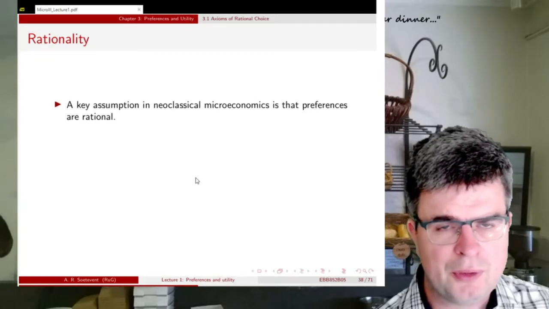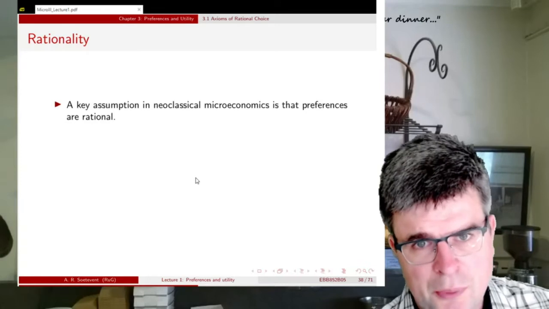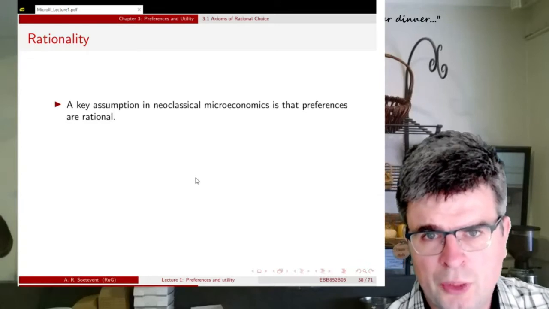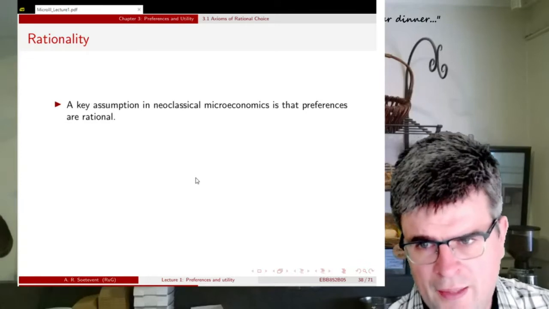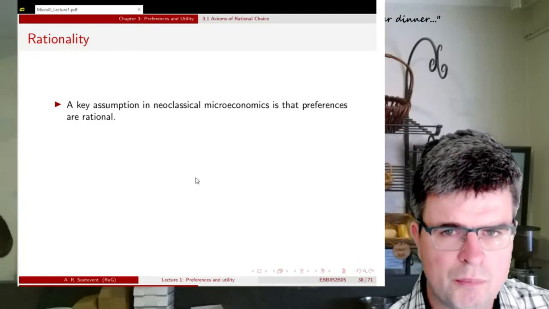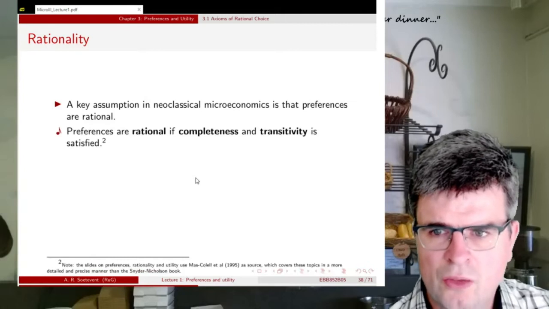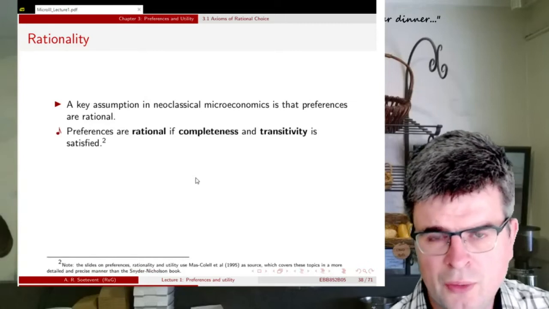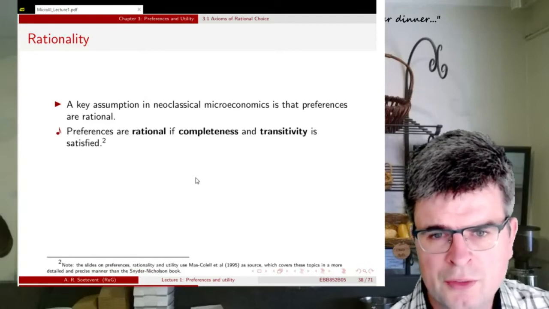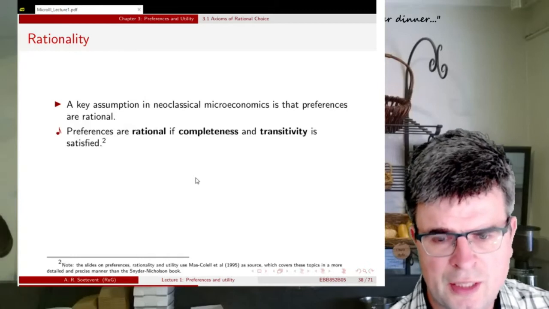And the key assumption in neoclassical microeconomics is that these preferences are rational. So what do we mean by that? Now, not a lot, at the same time, quite a bit. So preferences are called rational if both completeness and transitivity are satisfied.